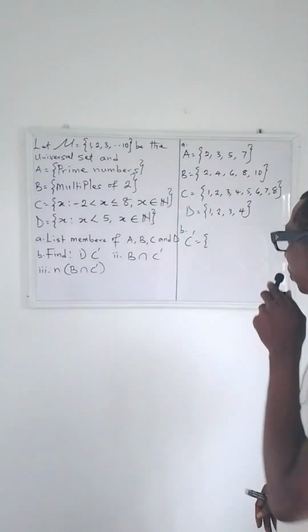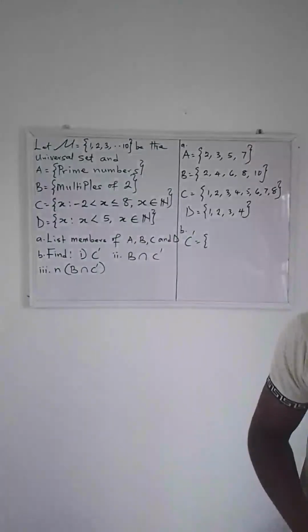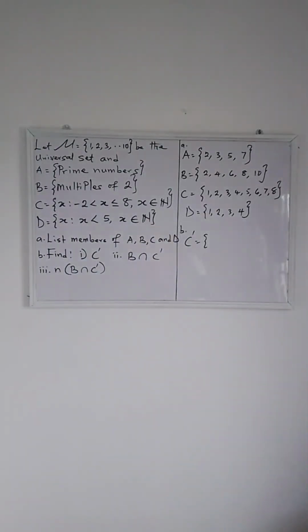Please drop your answer in the comment section. Okay, some people have dropped an answer. Balogun has dropped an answer. Let's wait for others. Okay, I have an empty set.